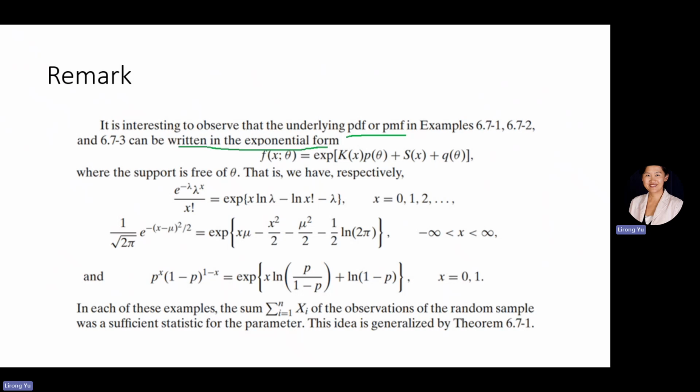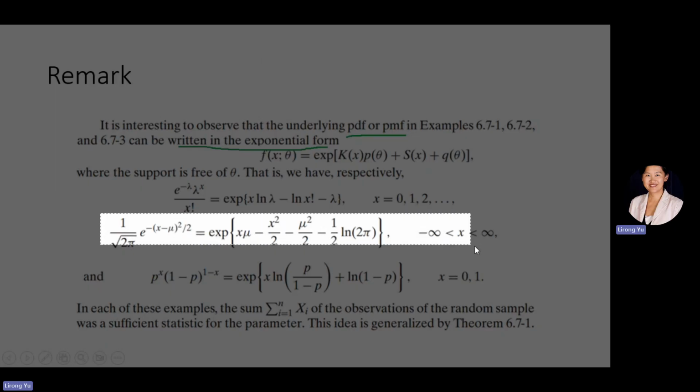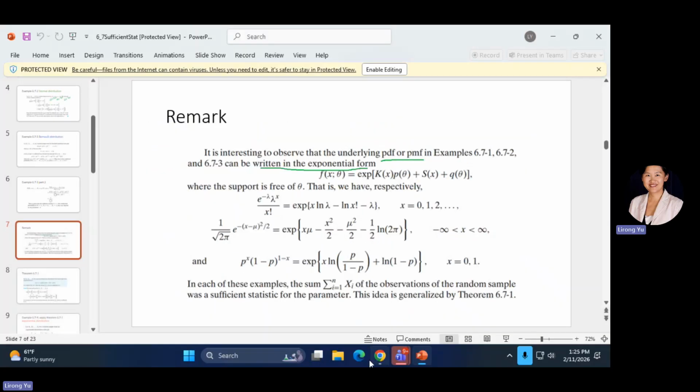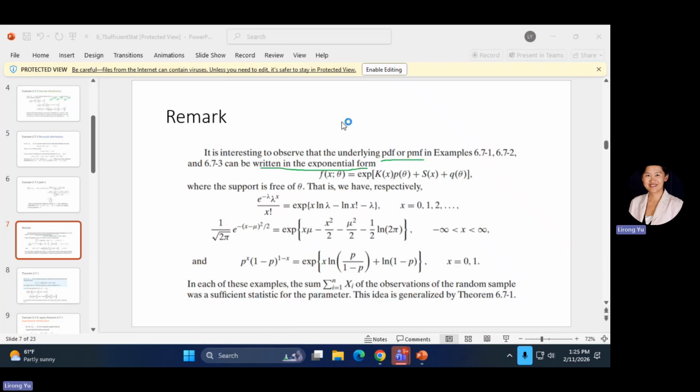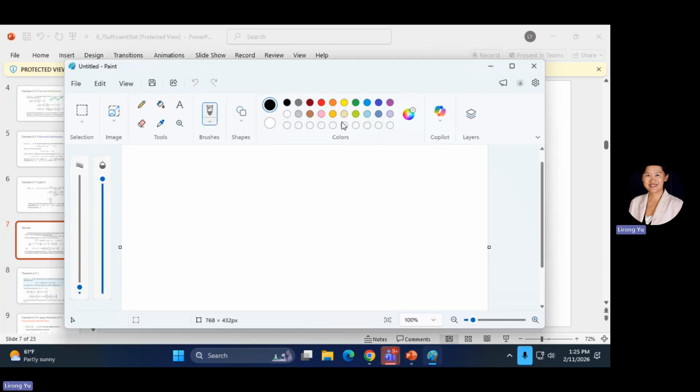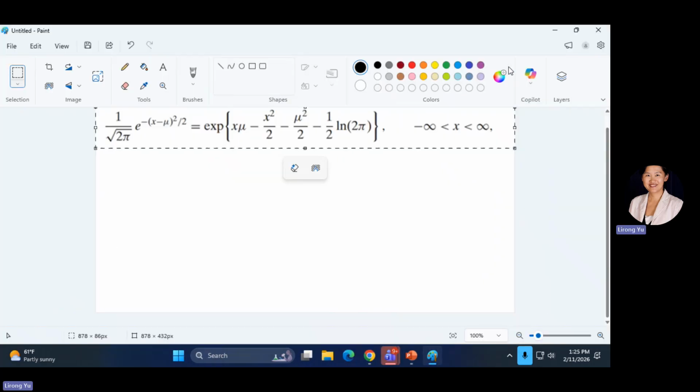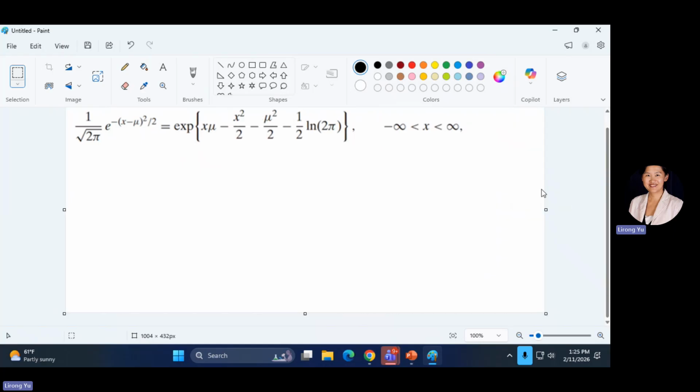And maybe I should write on the computer since we wish to record. Being able to analyze into three parts in the exponent helps in determining the sufficient statistic.